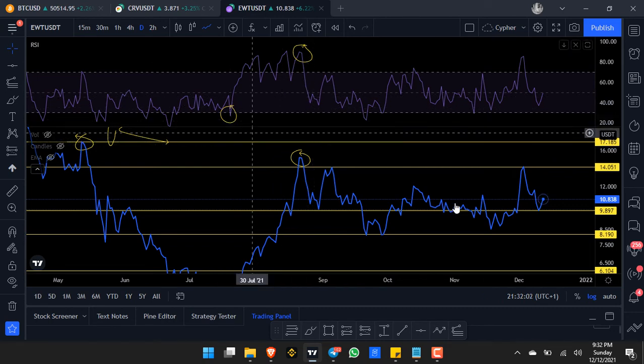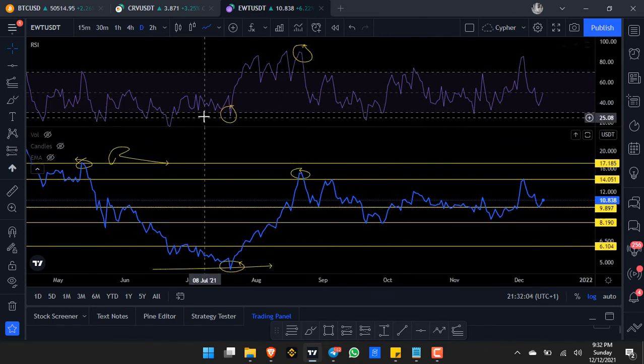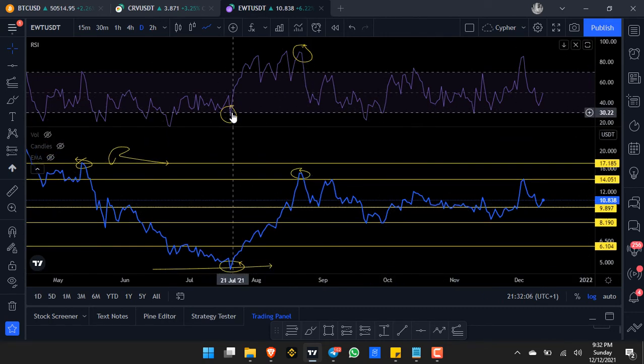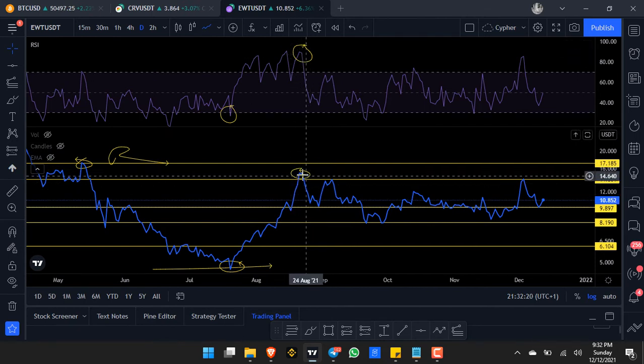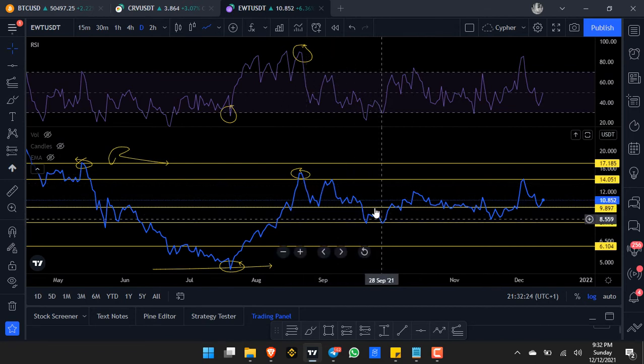Now look at the low. Look at the low of the RSI here. Look at where we have it at price action here. You can see the vertical line that is pointing the intersection between both. Now you bought here low, and then you sold here high. Are you seeing it? So you would have taken profits here before all this price action that came down here happened.